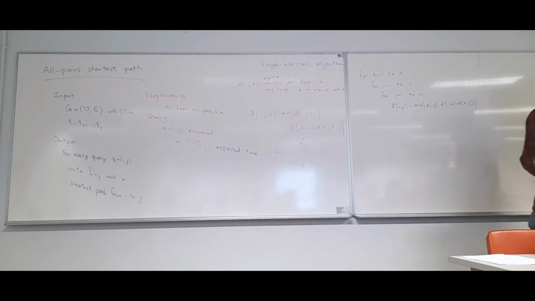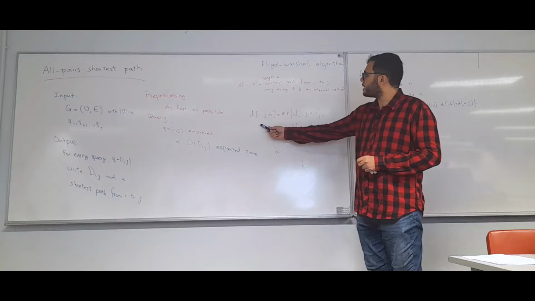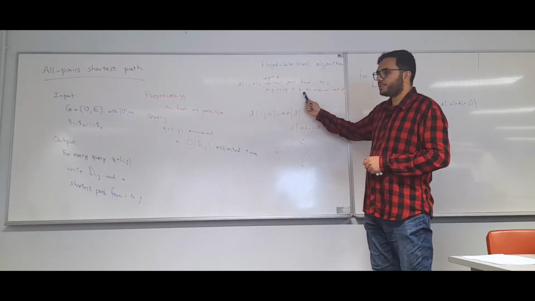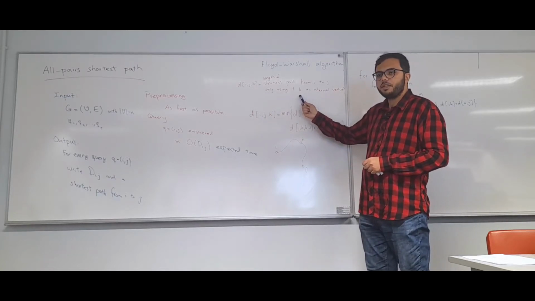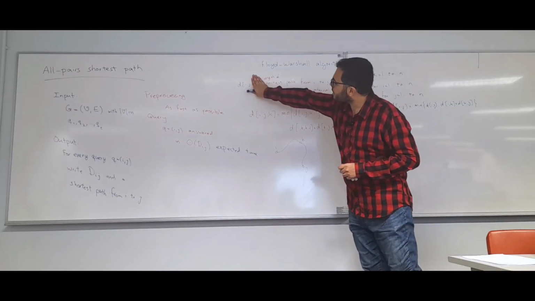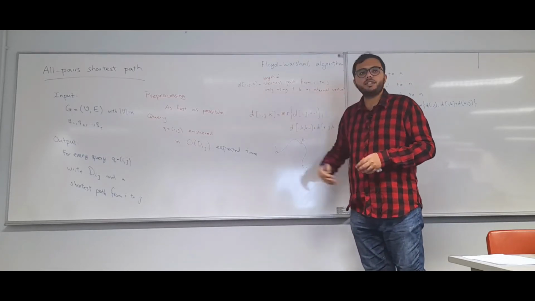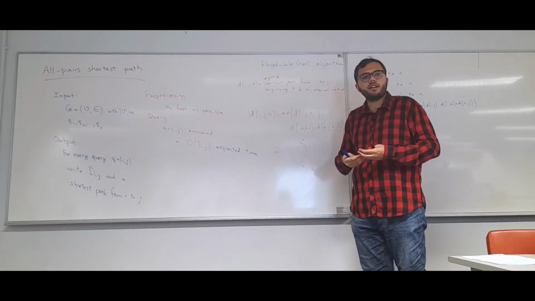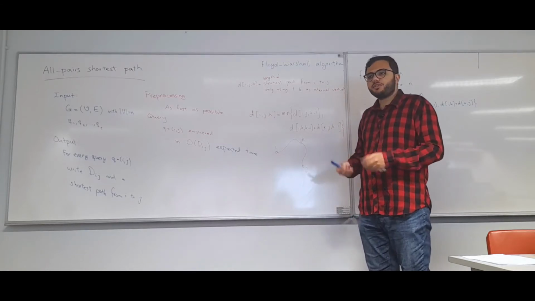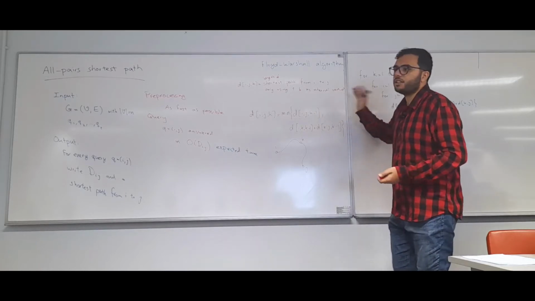So I was thinking of the shortest path from i to j that only uses the first k vertices as internal vertices. But I can just say I don't care about the k, and I say d of ij is the shortest path from i to j that I have seen until this point of my algorithm. And I know that until this point of my algorithm, I've processed the first k vertices.